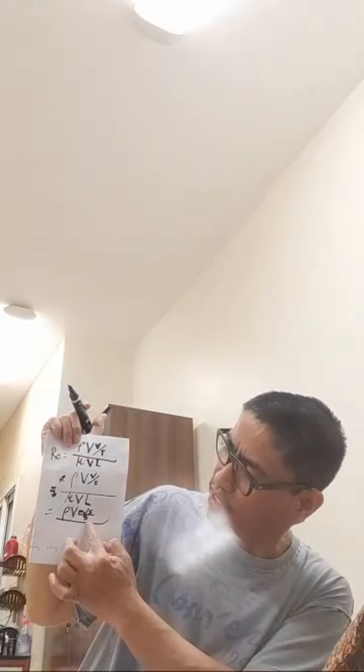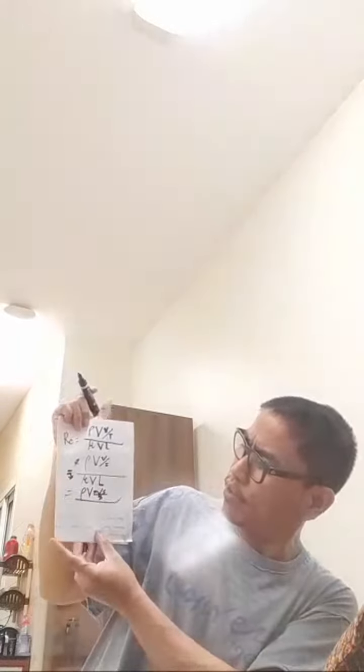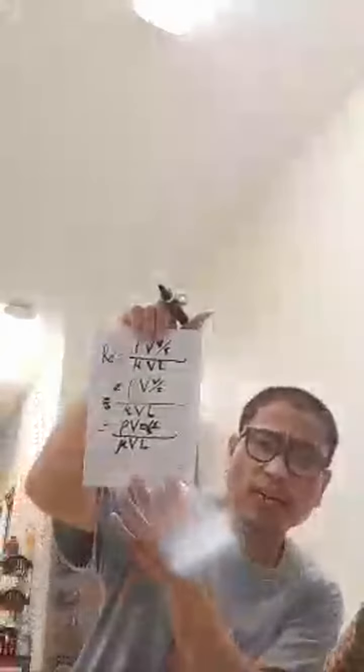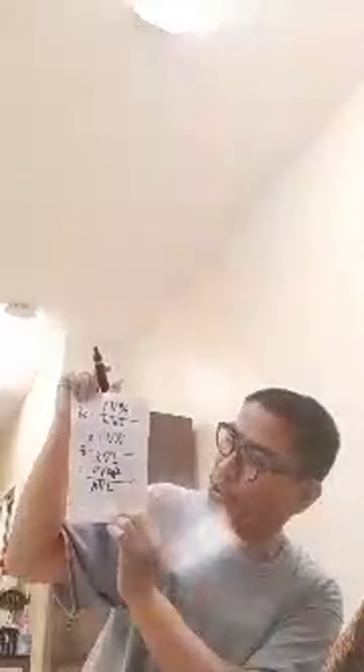So, what do you notice here? Viscosity times the volume times the length. What is difficult in this is canceling what is common. What is common in the numerator and the denominator?